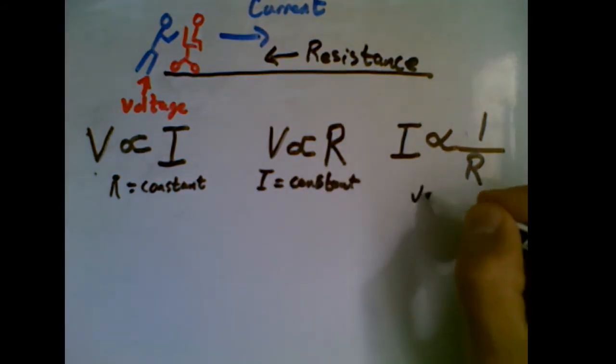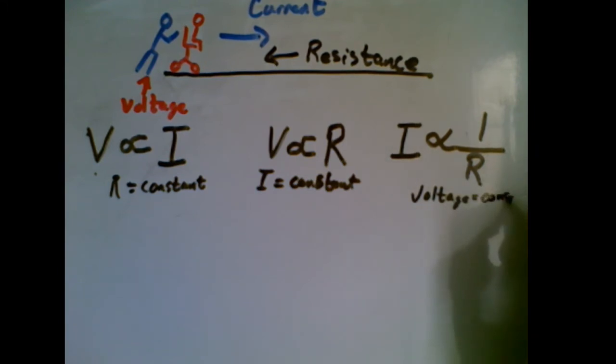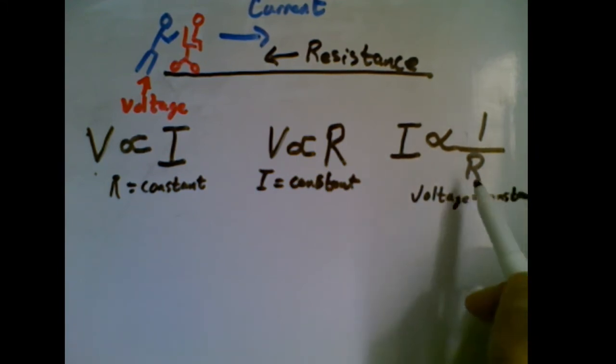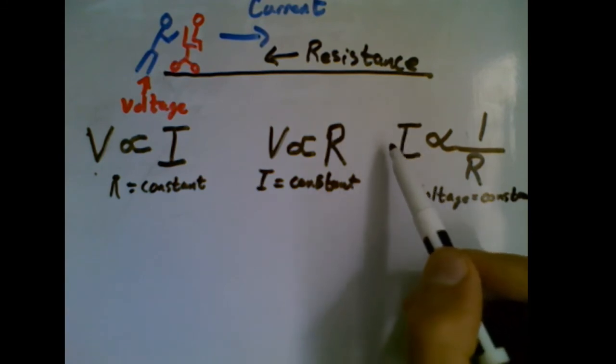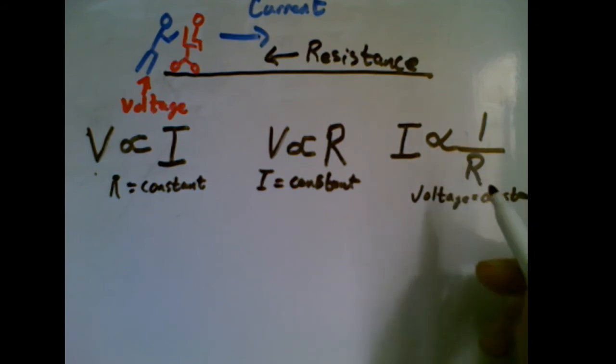But if you held the voltage constant, the actual amount of push given to the electrons, if you had an increase in current, that would have to be due to a decrease in resistance.